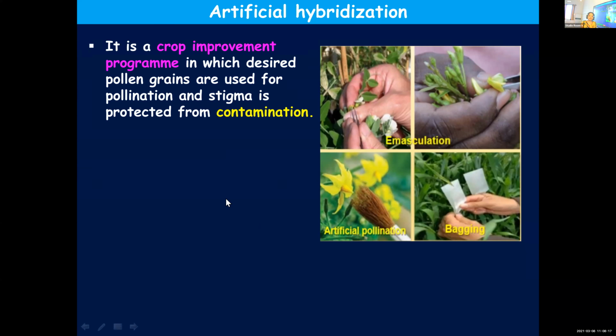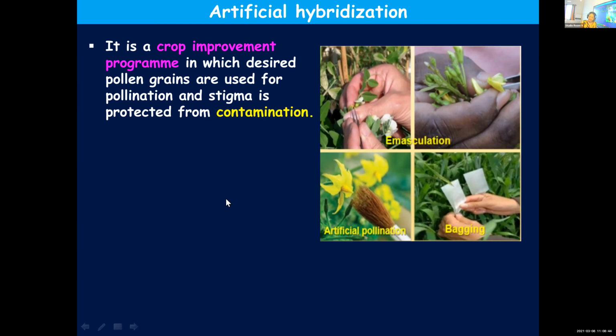The plant breeder will decide which pollen grains of which flower are to be dusted on the stigma. Till these pollen grains are dusted, the stigma will be kept covered to prevent contamination. Contamination here means it will be protected from unwanted pollen.